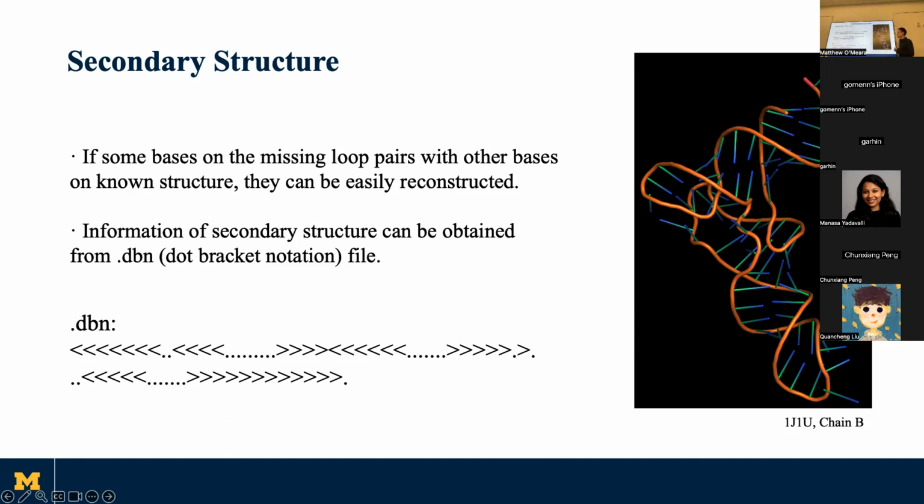So I adopt a dot-bracket notation file to generate this helix. In a dot-bracket notation file, a bracket means a base pair. For example, this string will base pair with this string, and they can form a loop.